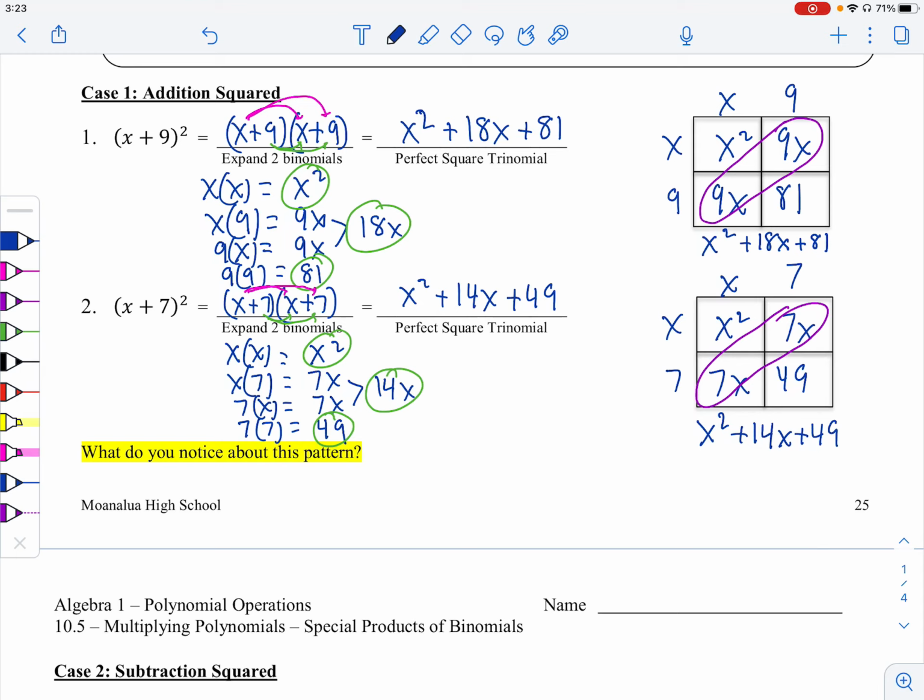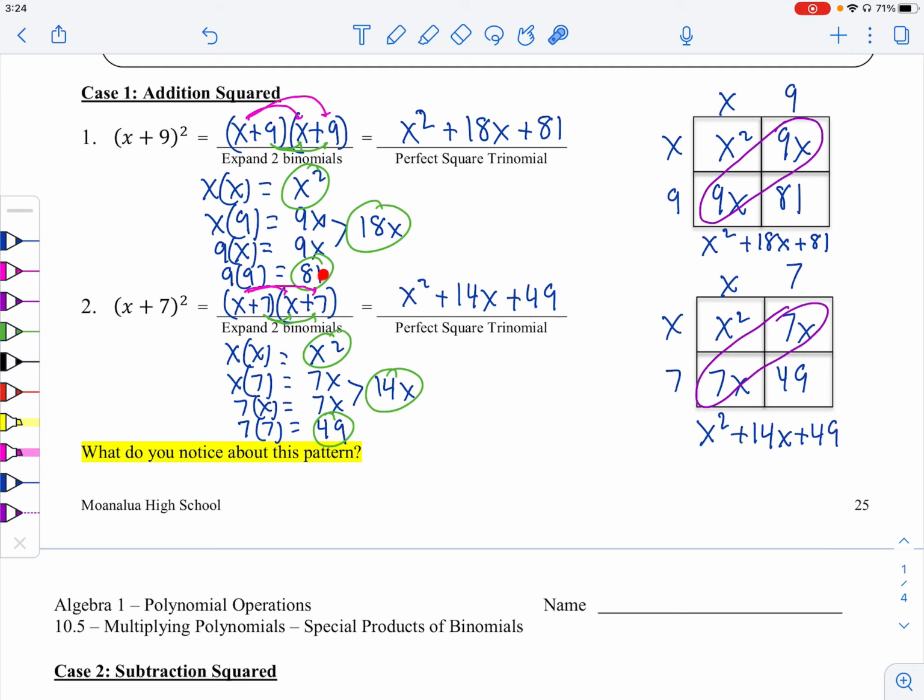Okay, and then for these ones, you notice your pattern. They always start with a binomial squared, right? Binomial squared, we expand it. So we write two of them, and then we do the FOIL method. And you notice the middle numbers always add up with each other, right? They're identical. They double. So 9 plus 9, 18.